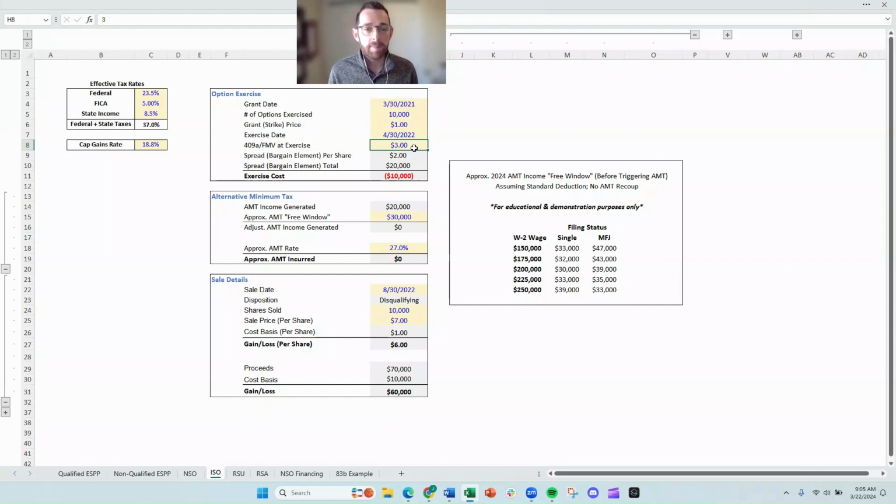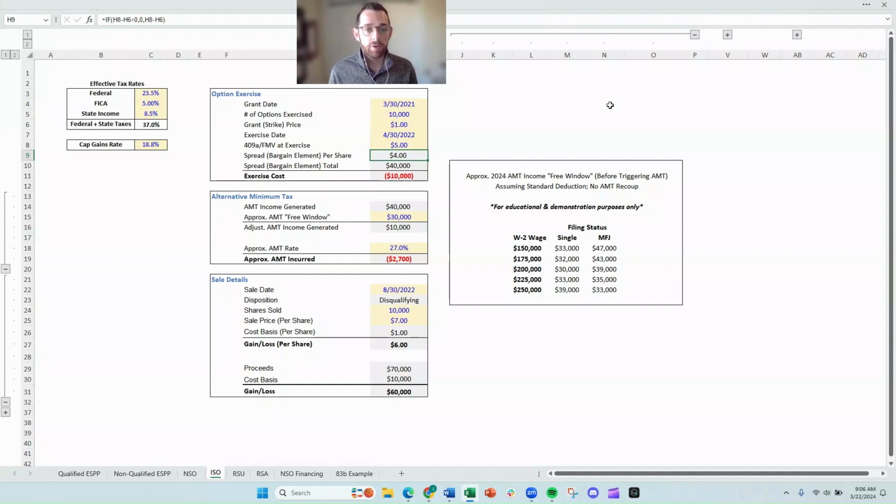Now, if the bargain element was greater, so let's just say, for example, hypothetically, the fair market value at exercise was $5, so the spread was $4. Multiply that by 10,000 shares. Now you have a bargain element of $40,000. Well, that $40,000 is above this free window, which means that you've generated $10,000 worth of AMT income.